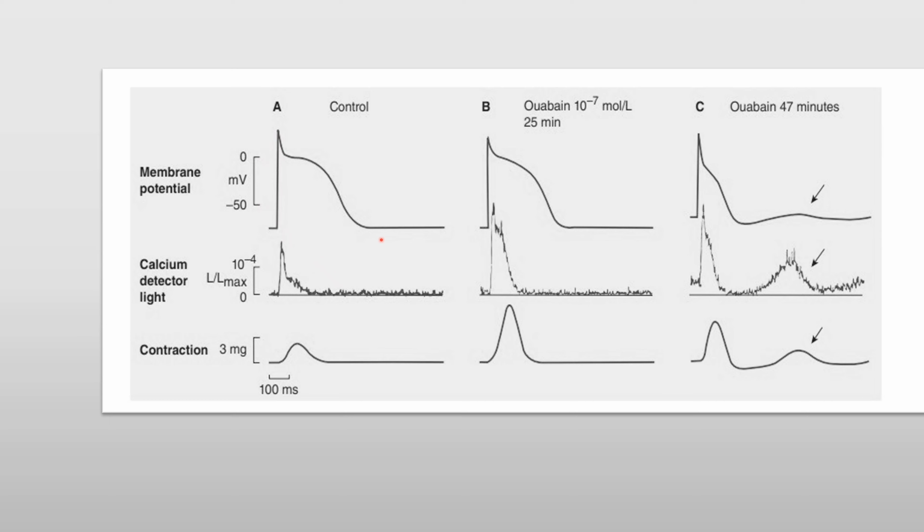This is the normal action potential curve. This is the abnormal action potential curve in which there is appearance of afterdepolarization, or delayed afterdepolarization, which leads to an extra beat or contraction of the heart, that is a premature beat or ectopic beat.